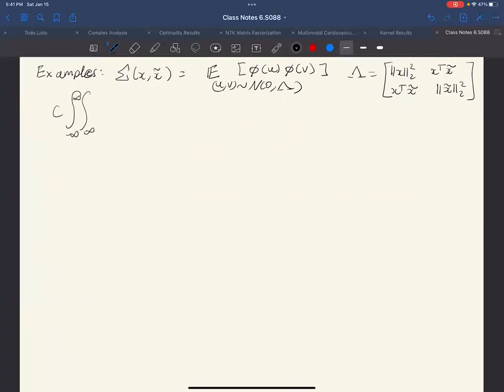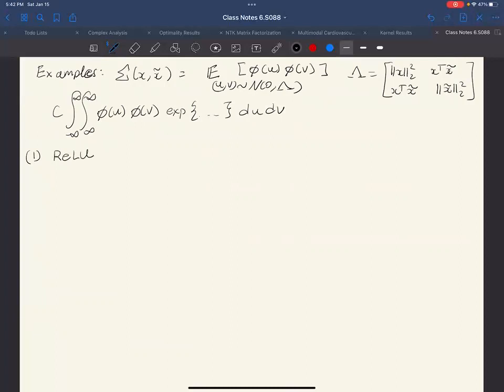But you literally just compute this double integral from negative infinity to infinity, phi of u, phi of v, times the density of the multivariate Gaussian with mean 0 and covariance matrix lambda, du dv. Okay. And I've actually done this calculation for you in the appendix of lecture 4 notes for ReLU.